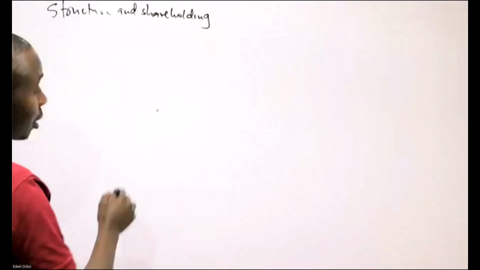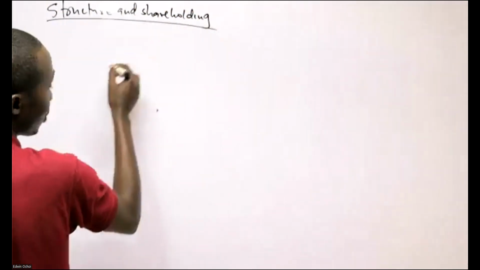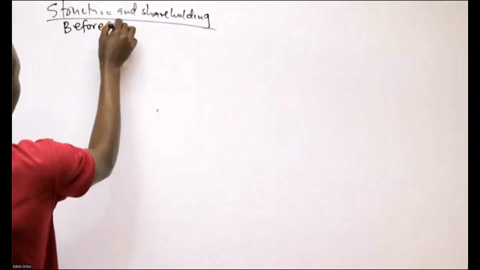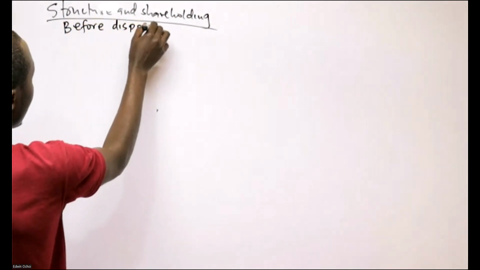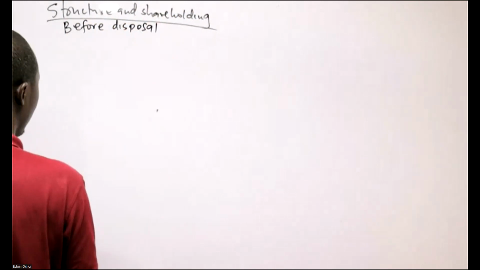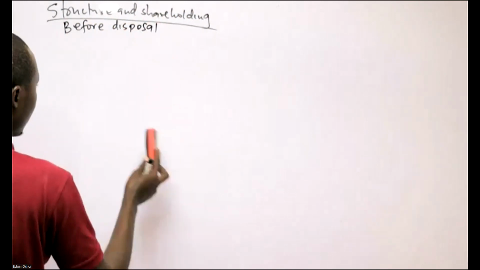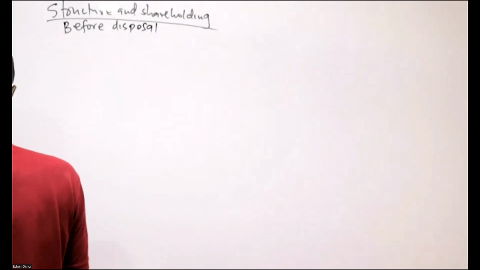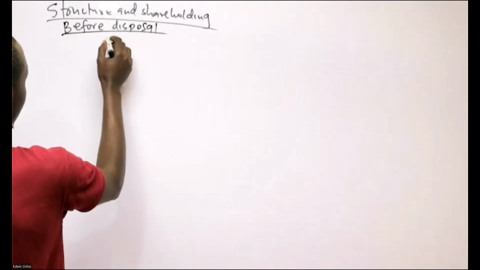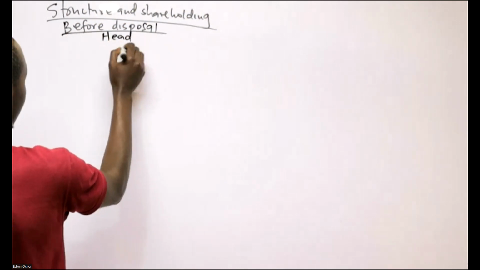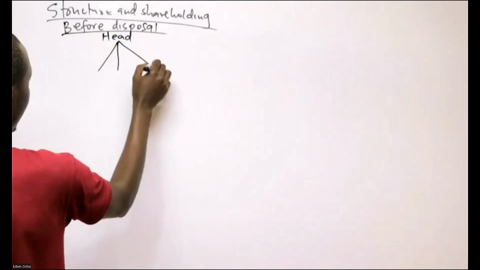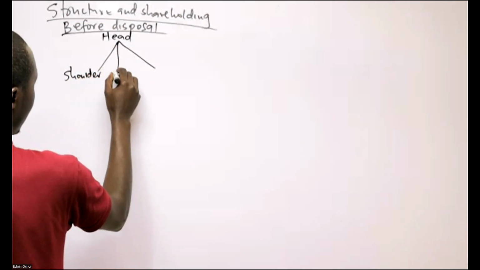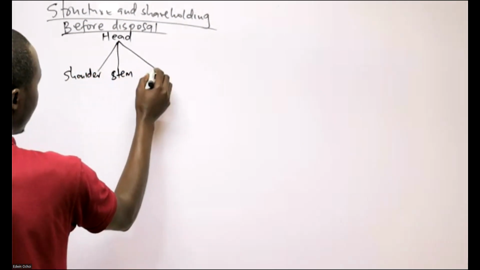So the structure and shareholding, before disposal. Before disposal, these companies were present. Head had acquired the 3 companies, Shoulder, STEM, and Angle.